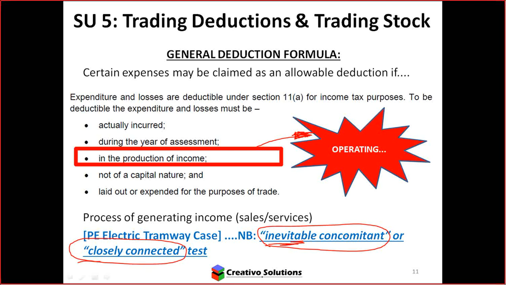Okay, if it's closely connected, meaning it's not directly linked to the actual production of income but closely connected, then they apply a specific test. And again, do you agree it's very subjective? Yes, sir. Because you might say, well, yes, I have to claim this as an expense because I incurred it when I had to render the service or provide the photographs.